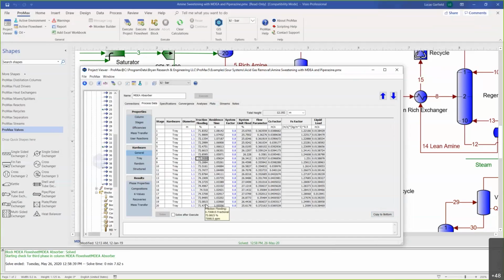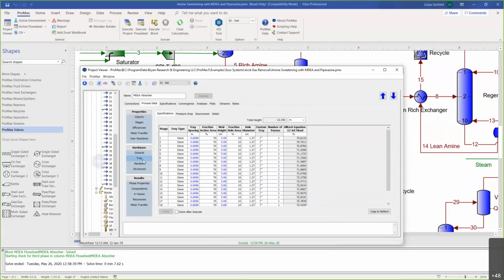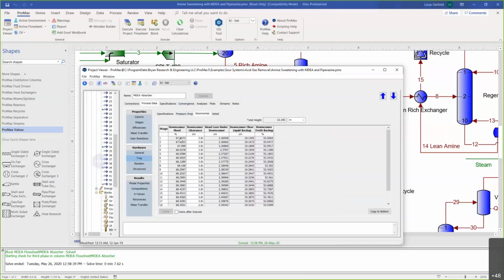If I want to look at some additional information, I can click here in tray, and I've also got the flooding as calculated per the Koch-Glitsch equation 13. I can also get some details about my downcomer, the downcomer flooding and the downcomer froth backup.